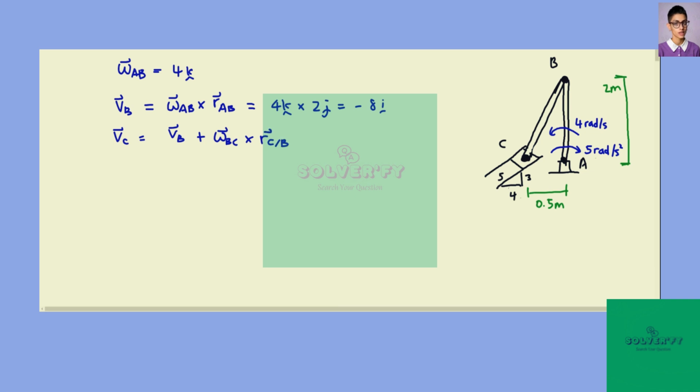From the diagram, we can tell that VC is going to move this way, because AB is rotating counterclockwise. So we have VC negative. We are given the 3, 4, 5 triangle here.